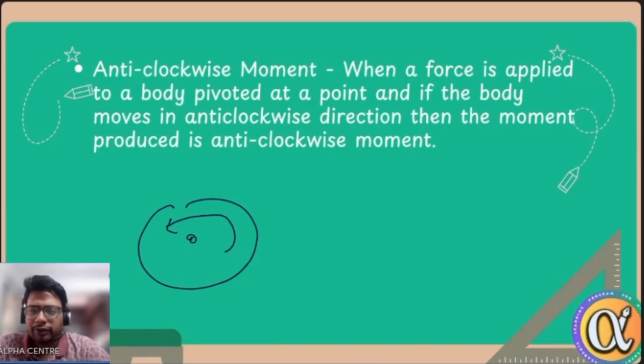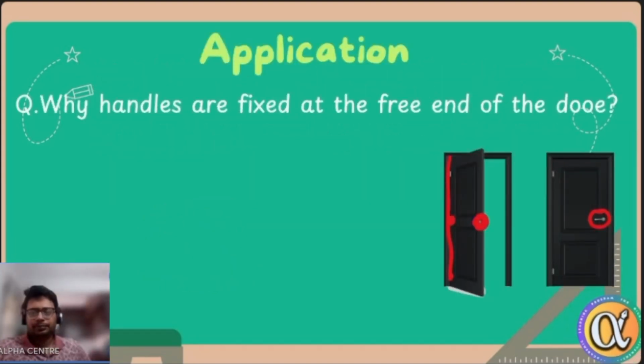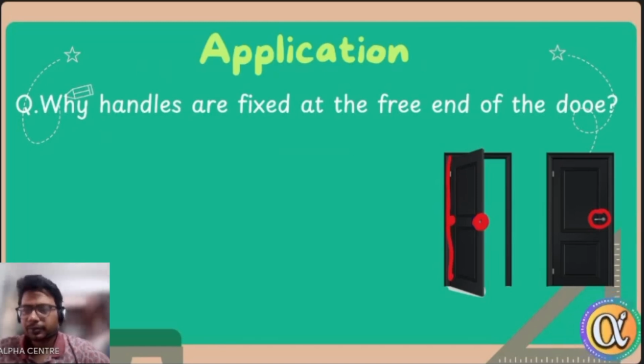Now a certain application of what we have seen, the moment of torque. Why are handles fixed at the free end of the door? The handle is kept far away from the pivoted point so that it would be easy to open it, as less force is needed. Yes, with less force you can open the door.